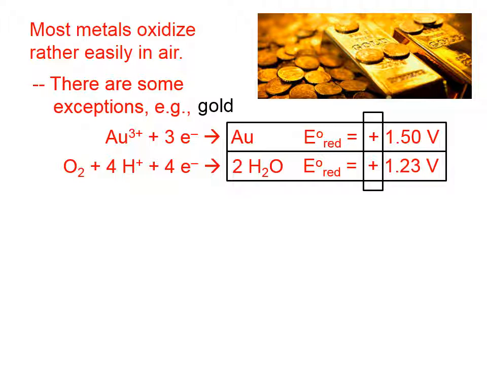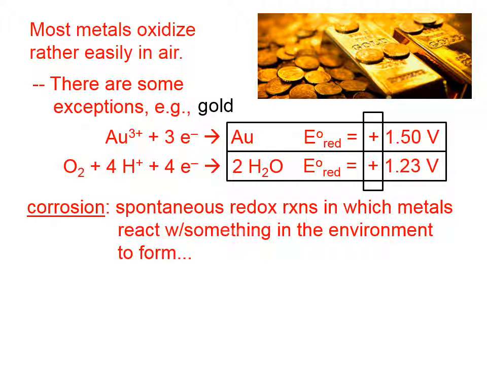You can see from these two values that while oxygen is quite happy to be reduced to water, gold 3+ is more willing or more happy to be reduced to neutral gold. So sometimes you can tell by looking at the values from the reduction table whether a metal is more likely to oxidize in air or not.